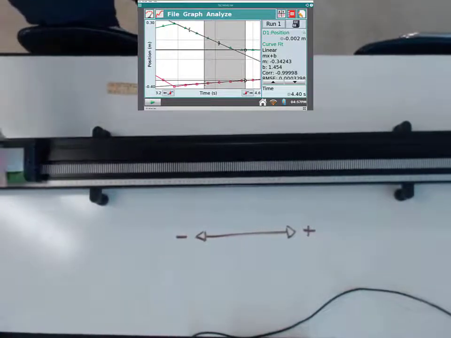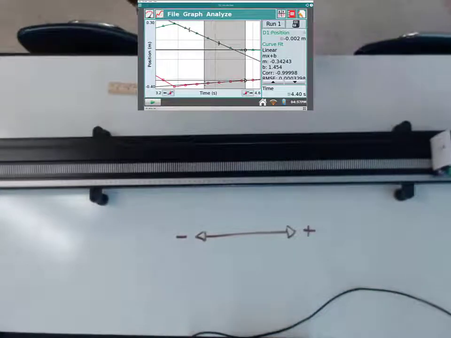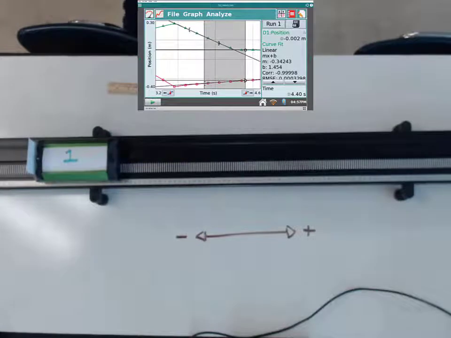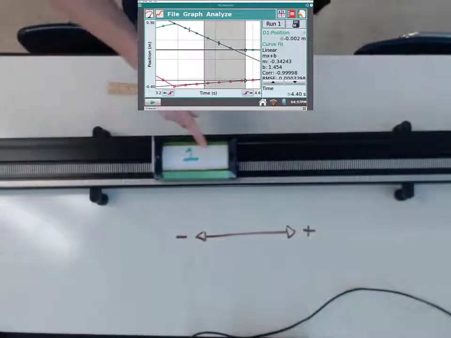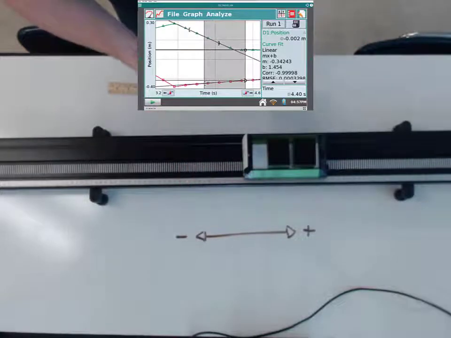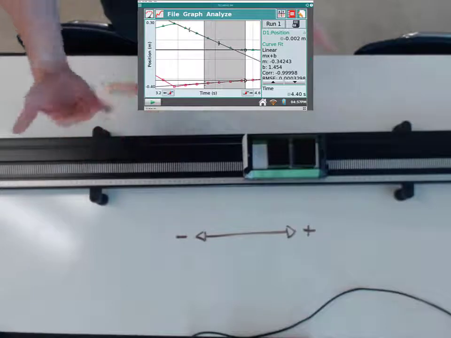And then I'm going to very carefully try to place both of these weights on top of it while it's moving without breaking anything. And what we've done is essentially increased the mass of our cart all of a sudden, and mass is part of the momentum calculation, mass times velocity.